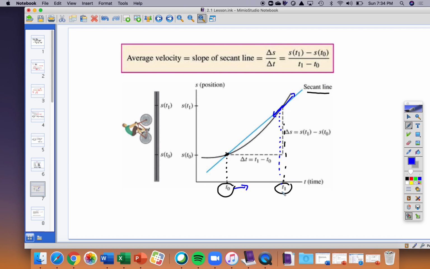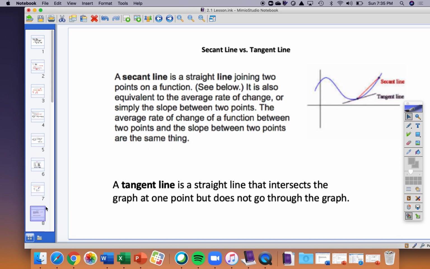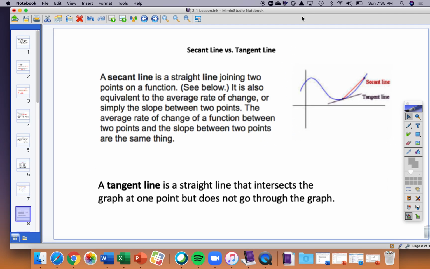We're taking 2 points, 2 x values, 2 time values, and bringing them really close together, because the average velocity is a secant line, but the instantaneous velocity is a tangent line. Now, a tangent line is a straight line that intersects the graph at 1 point, but does not go through the graph.